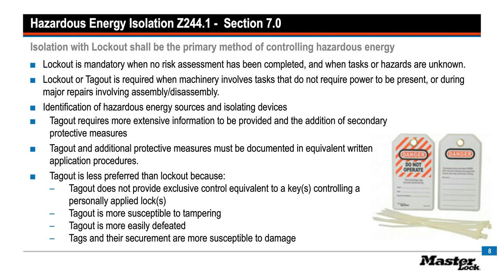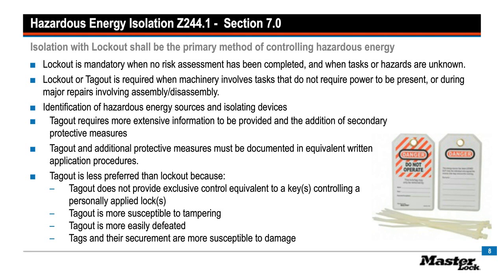Tagout is more greatly detailed in the new ANSI, talking about the information that has to be provided, as well as secondary protective measures that should be factored into tagout in order to fully protect people to be equivalent to lockout. Unless tagout is augmented by additional protective methods, it is not equivalent to lockout, and it must be in order to be considered a replacement for it.